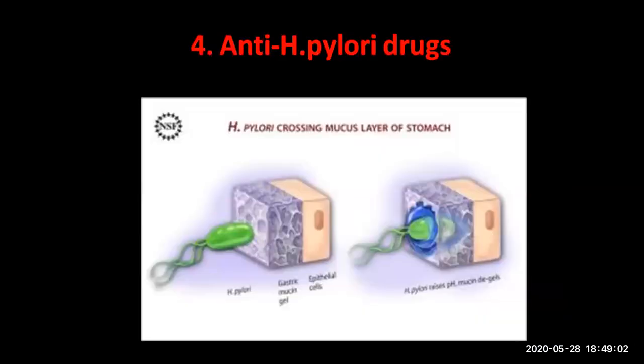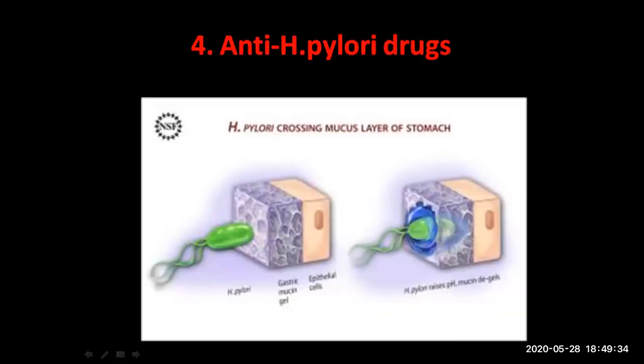Now coming to the last group of drugs, the anti-H. pylori drugs. So what is H. pylori? H. pylori, also known as Helicobacter pylori, is a bacterium which is very unique in that it colonizes the stomach. How does it withstand the gastric acid in the stomach? It penetrates the gastric mucosa and stays in the stomach.